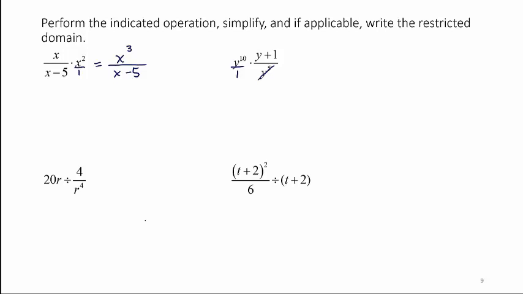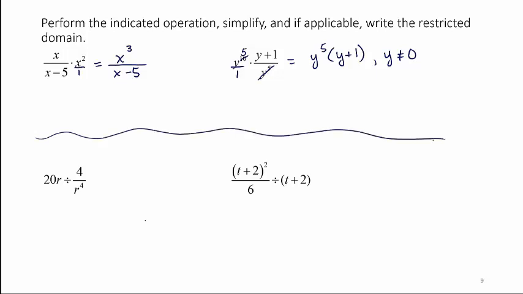So 5 of them will cancel out, and we're going to be left with 5 of them upstairs, yes? Okay, so then we've got y to the 5th times y plus 1. And I would add to that, y can't be 0, right? Because we canceled out that factor of y to the 5th. If y is 0, that makes the denominator 0. Very good.